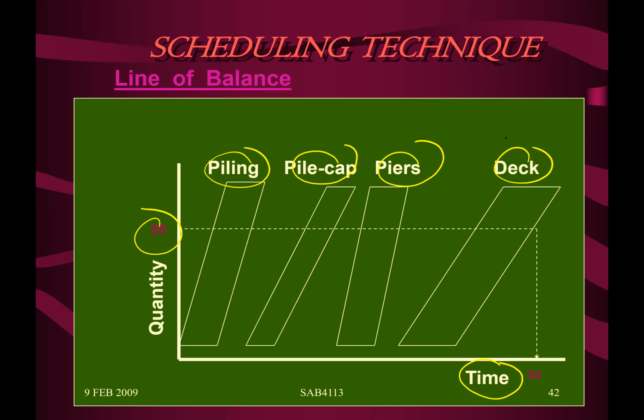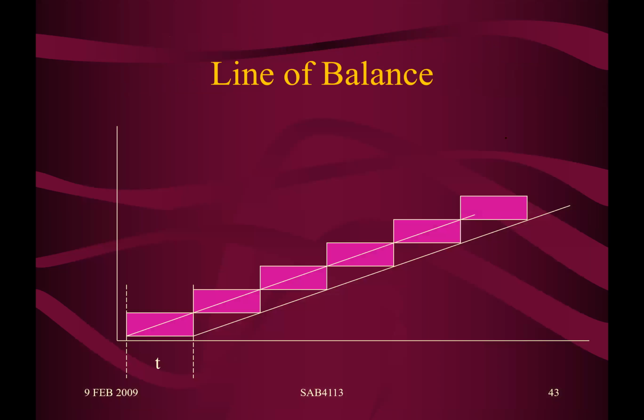How does that slope come about? Remember, if we are talking about quantity versus time, you notice that each of the work that we do in the construction industry is normally quite repetitive. We do the flooring, we do the wall, we do the piling, we do the column.